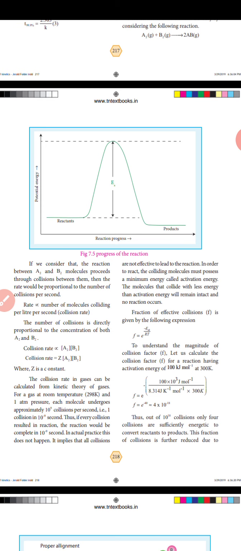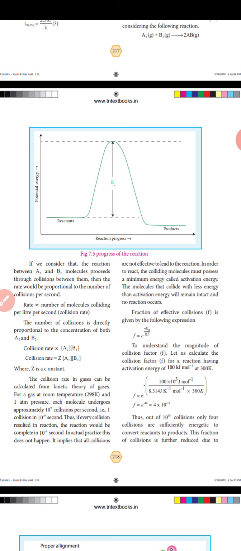In order to react, the colliding molecules must possess a minimum energy called activation energy. The molecules that collide with less energy than the activation energy will remain intact and no reaction occurs.